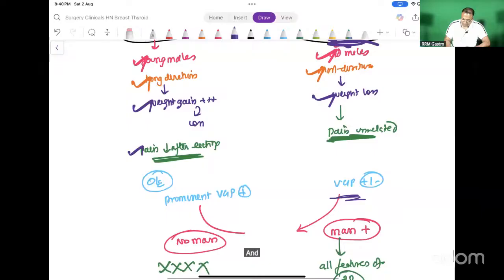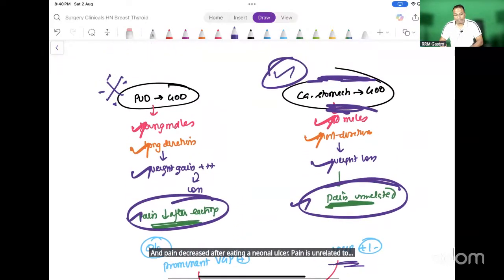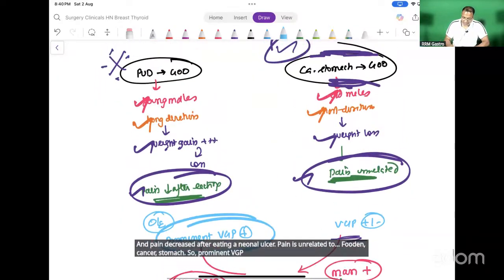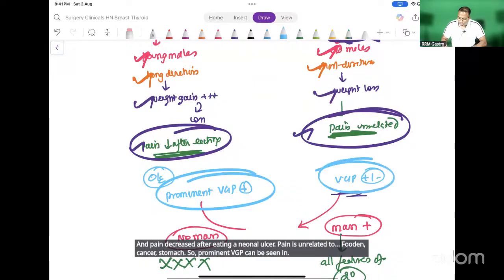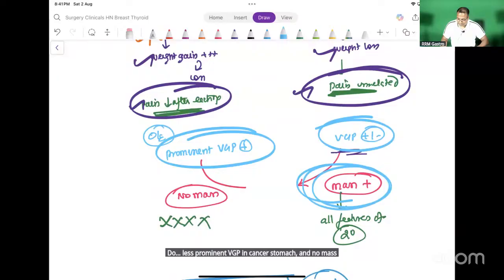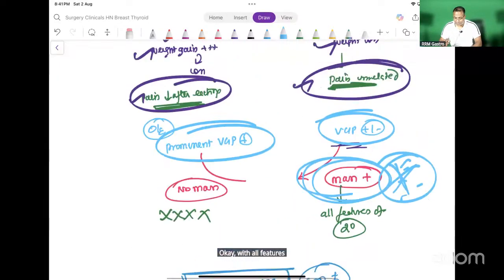Pain decreased after eating in duodenal ulcer. Pain is unrelated to food in cancer stomach. Prominent VGP can be seen in GOO, less prominent VGP in cancer stomach, and no mass versus a mass. Mass is a very important catch point.